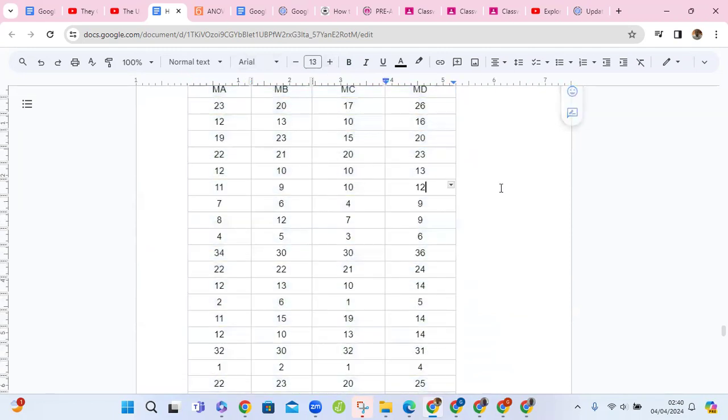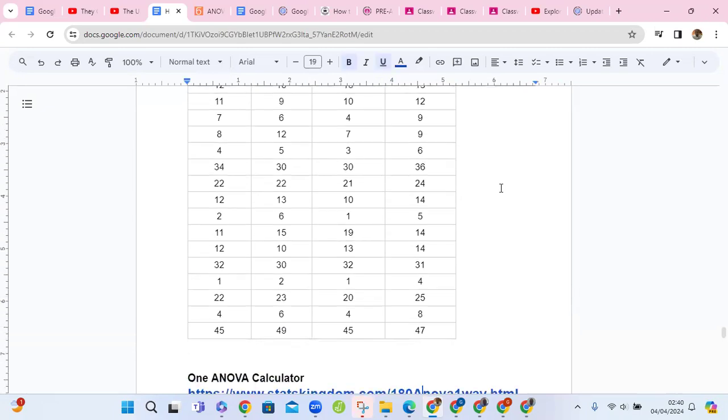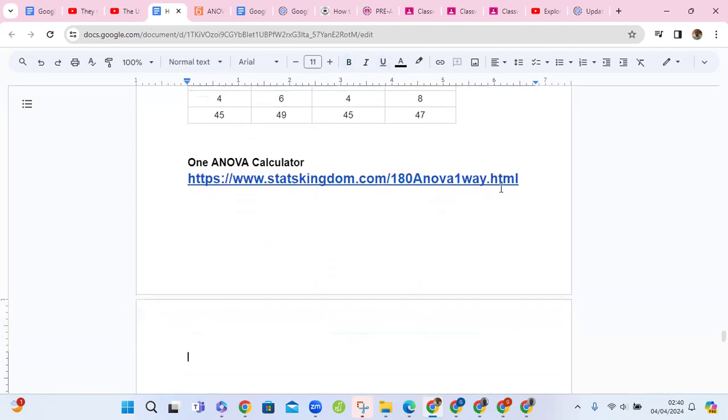So we need an online calculator to input the data to conduct the test.